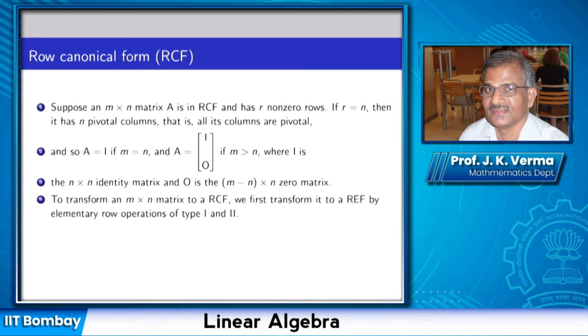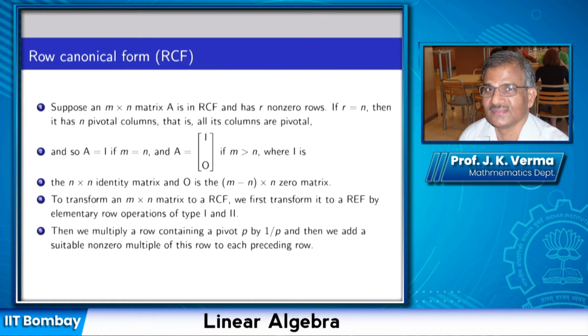To transform an n by n matrix to a row canonical form, we first transform it to a row echelon form by elementary row operations of type 1 and 2. Then we multiply a row containing a pivot p by 1 over p so that this pivot becomes 1. Then we add a suitable non-zero multiple of this row to each preceding row in order to convert all the entries above a pivot into zeros.